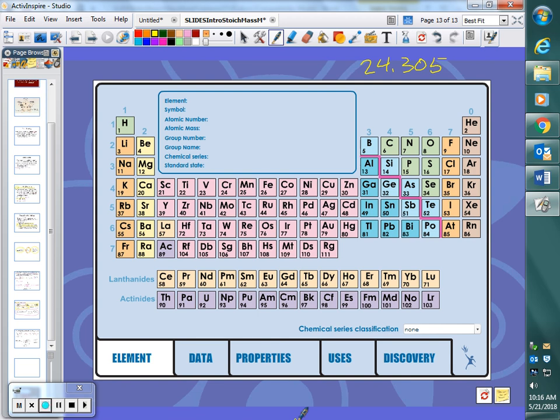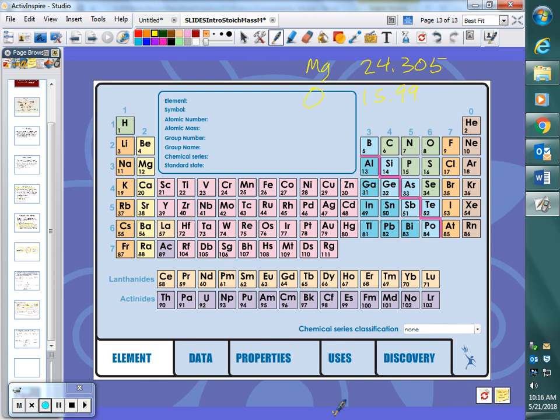That might be a little different than the molar mass that you have on yours, but there's magnesium, 24.305. Then I'm going to scroll over here to oxygen, and oxygen is listed as 15.99. Again, that might be a little bit different than what you guys got, but that's okay.